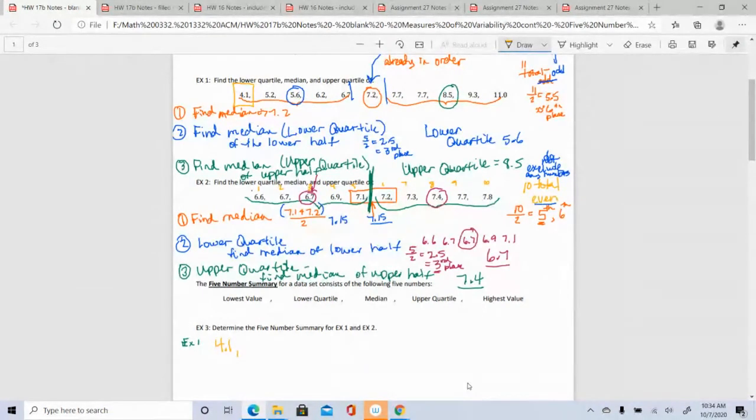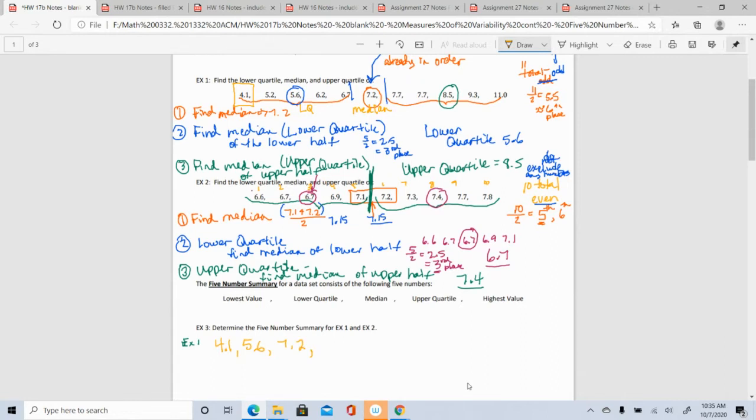I'm going to put a comma. And then I'm going to do the lower quartile. And sometimes we write LQ for that. The lower quartile was the 5.6, comma. And then we have the median. This is the median, remember, of the whole thing, 7.2, comma.